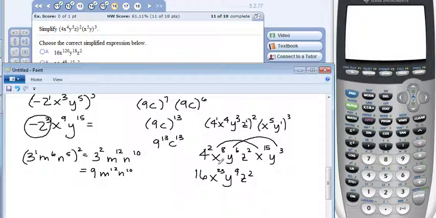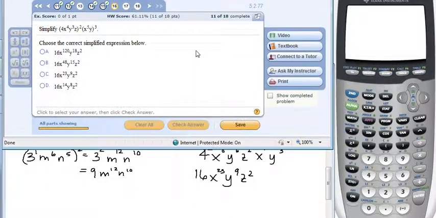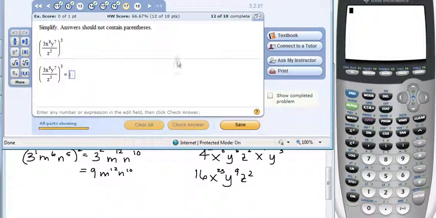So I'm going to look for something that's the same as that. Where are we here? We're right there, aren't we? C. 16 x to the 23rd y to the 9th z squared. Nice. And be warned, these other three will be the 3 most common mistakes that you can make. So double check these.